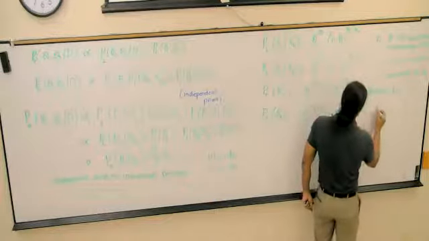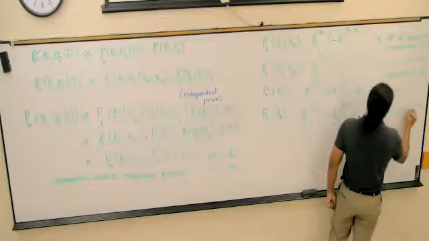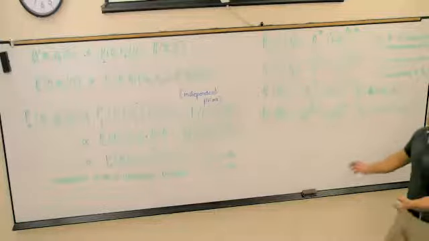So the prior distribution for theta 2 is beta A2, B2.